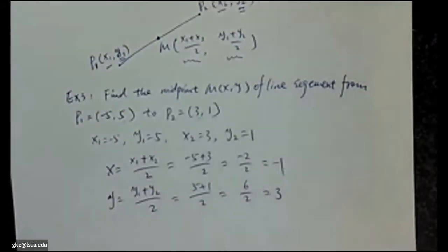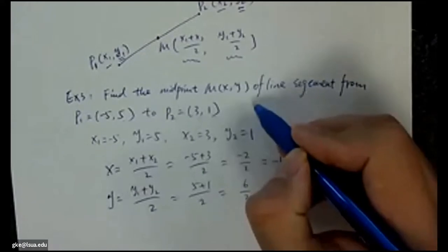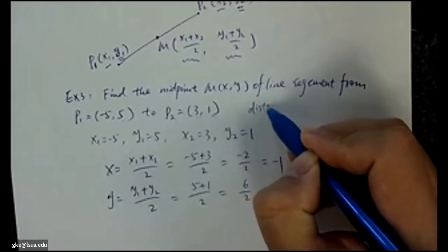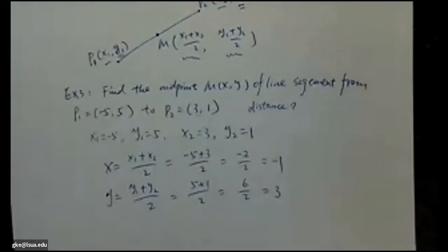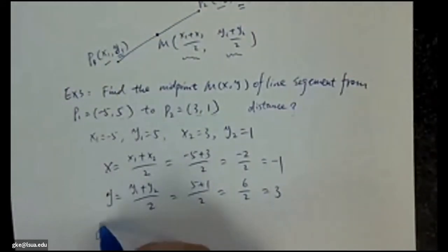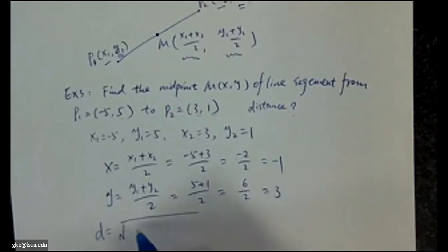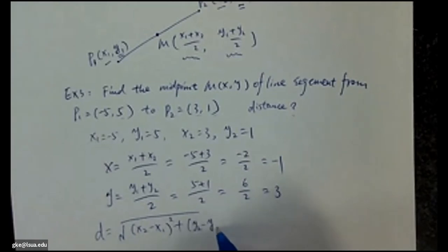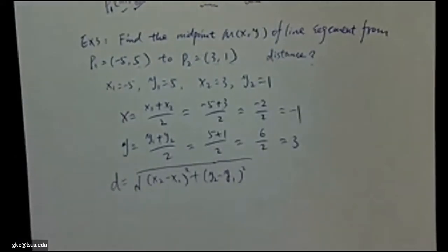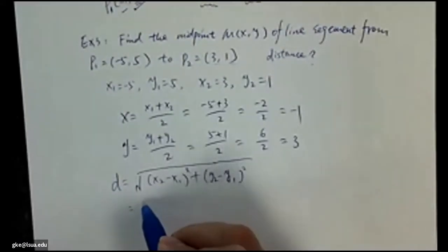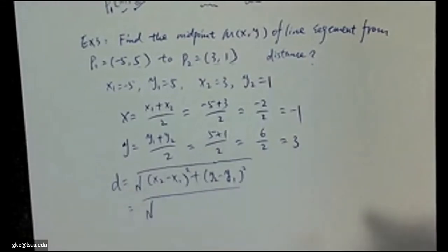And how about the distance between these 2 points? How to calculate the distance? Of course, you're gonna use the distance formula that we learned from last class, right? If you wanted to calculate the distance, just use the formula of distance.